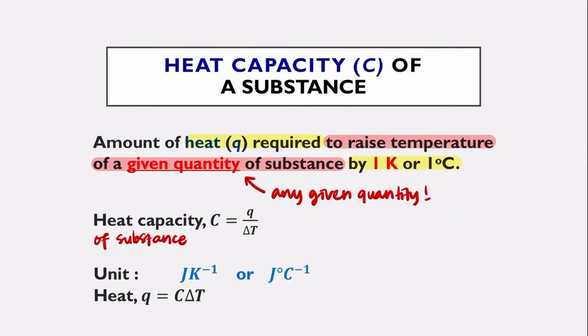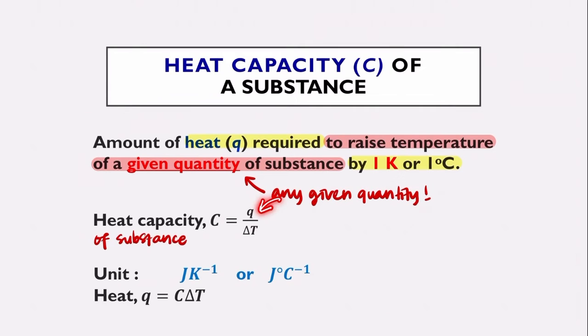So in heat capacity of a substance, we are going to emphasize a given quantity of substance. How much heat you need to raise the temperature of any given quantity of your substance. It's not specific.